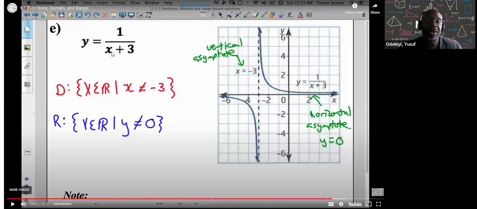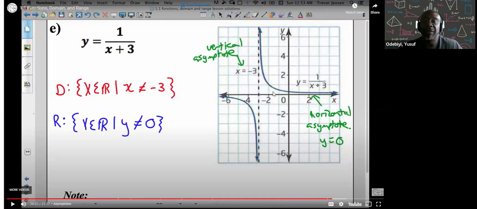Your y can never get to 0. It'll never hit the 0 line. So even if I put x equal to infinity, 1 divided by a number, you'll still get a number that's really, really small, but y will never, ever equal 0, okay?